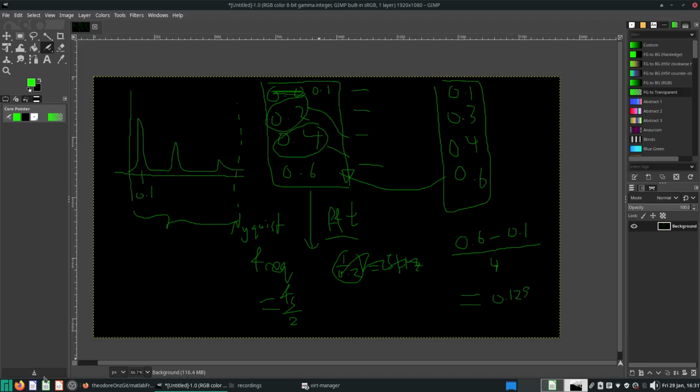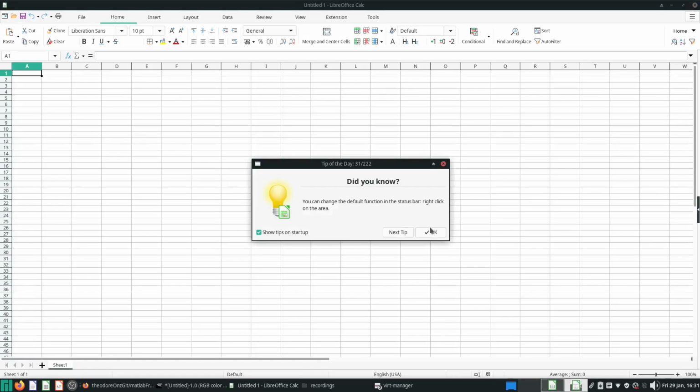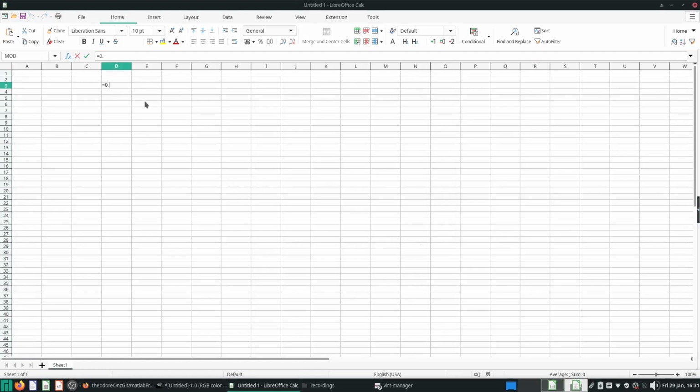Let's see whether this works. 0.1 equals this plus 0.125, and you add 0.125 again, 0.125 again.